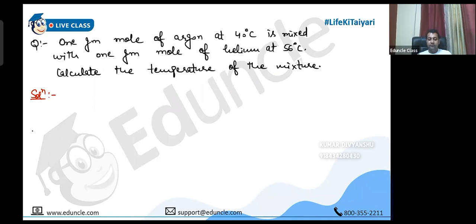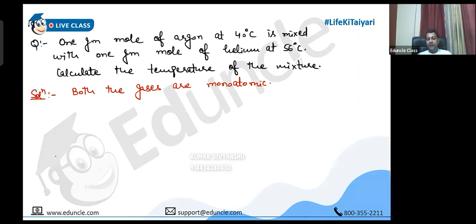Now, first of all, both gases are monatomic. It's wrong, Mamta. So when both the gases are monatomic, we need not consider. Yes, Rita is correct. Sanju wrong. Divya is correct. Yes, Prachi. Yes, Kapil. Good.